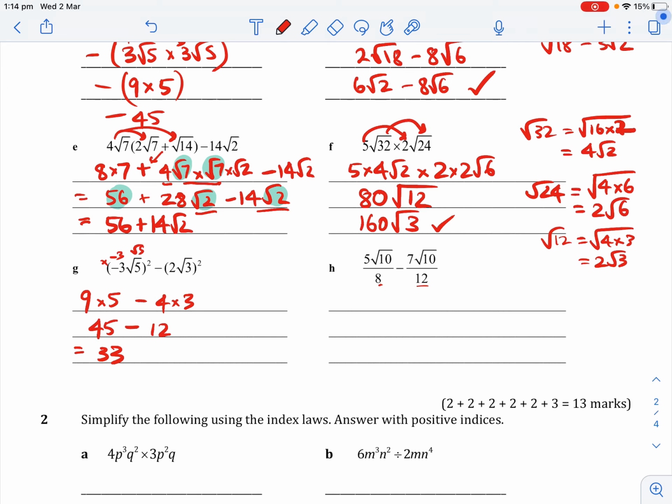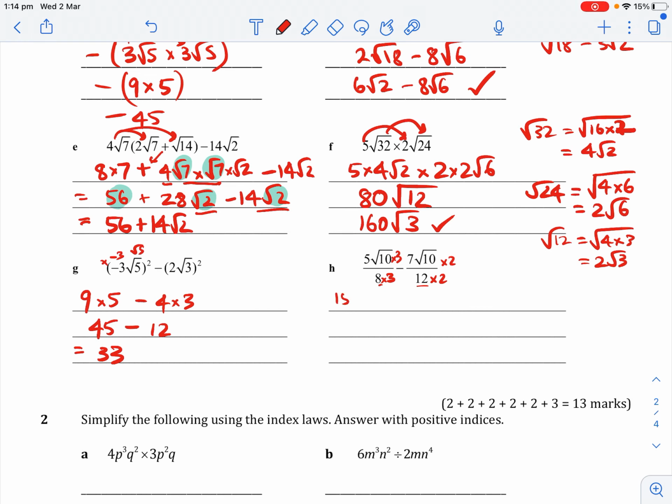Before I can add and subtract, I need a common denominator. So let's get the common denominator of 8 and 12. The smallest number that 8 and 12 both go into is 24. So to get to 24, I'm going to times that by 3 and that by 3. And to get to 24 from 12, I'm going to times that by 2 and that by 2.